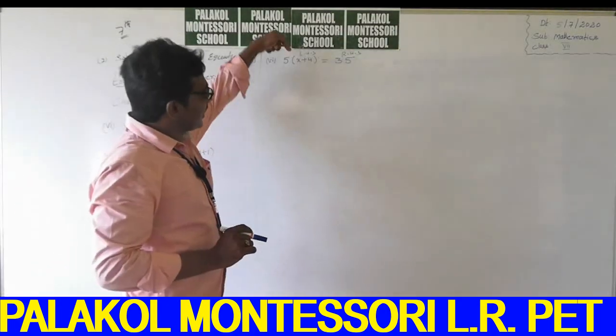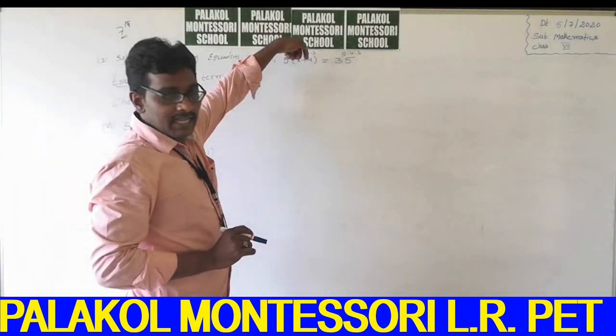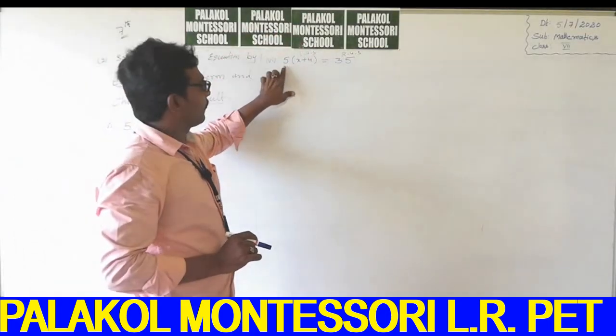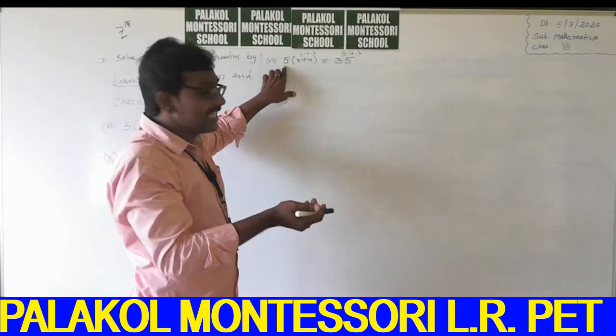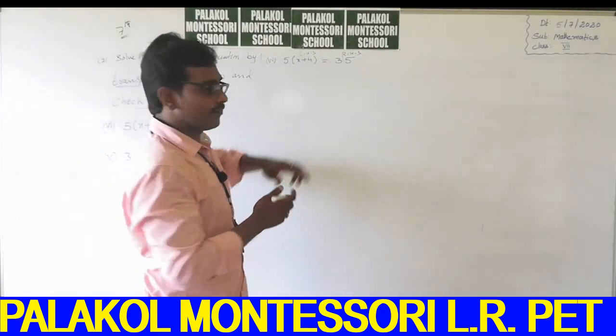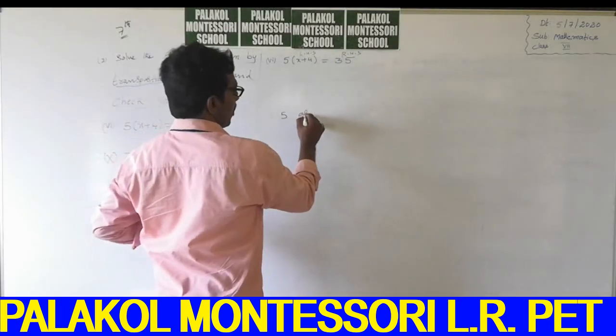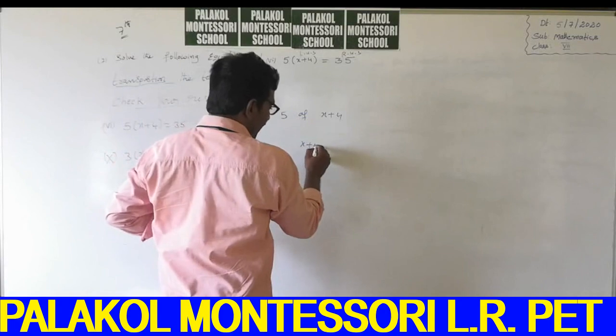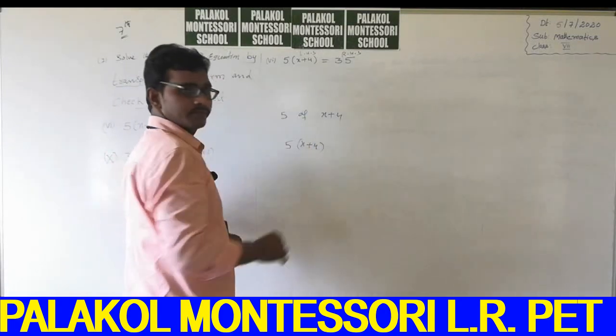Here x is in the bracket term. What about the outside term? 5. What is 5 here? 5 of x plus 4. What does this mean? So, x plus 4 is the product of 5.